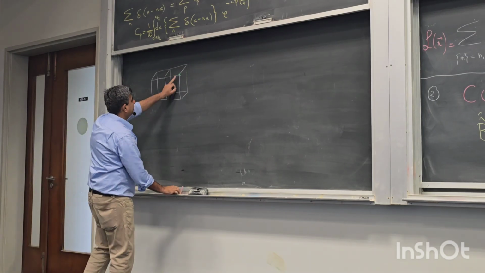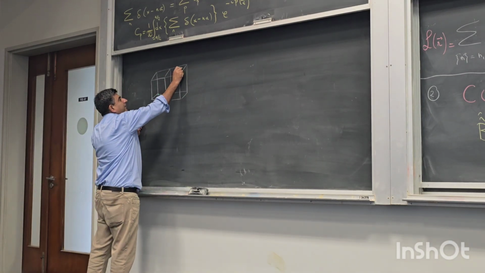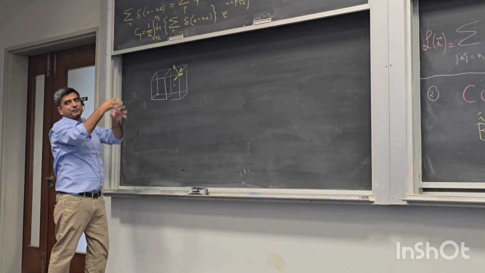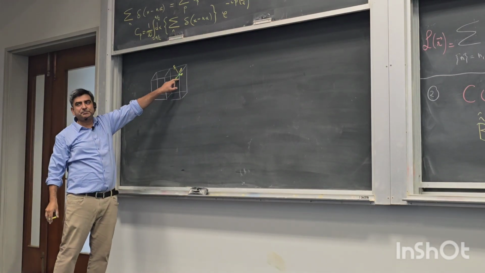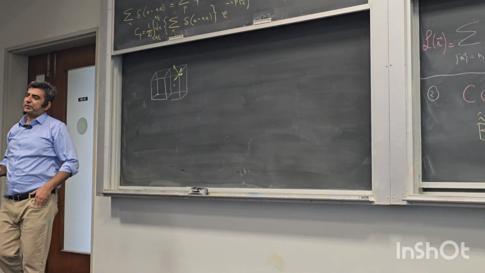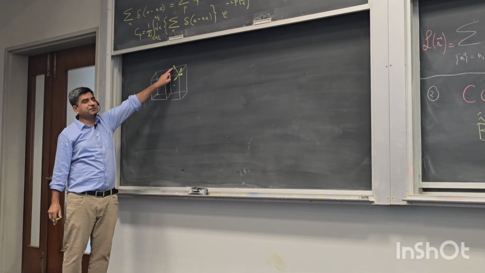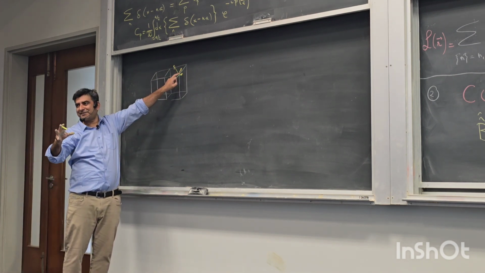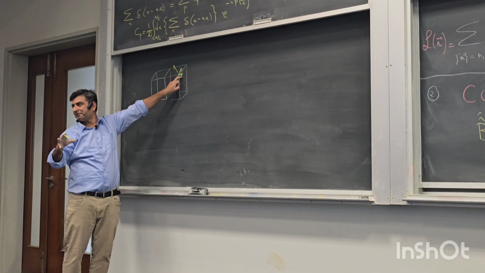Suppose I take this lattice point and I put a basis of atoms, some arrangement of atoms on this point. This basis will exist on each of these lattice points. So now there is some distribution of charge here, some distribution of charge here, some distribution of charge here. Correct?